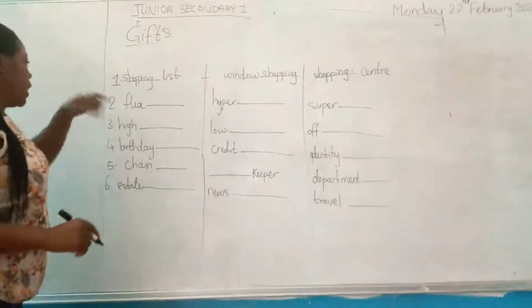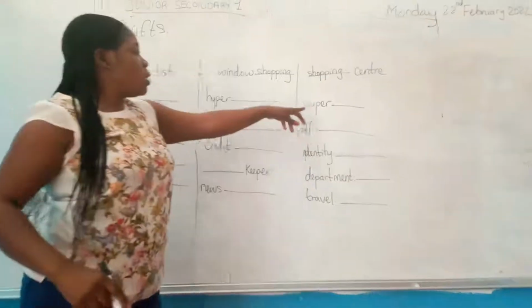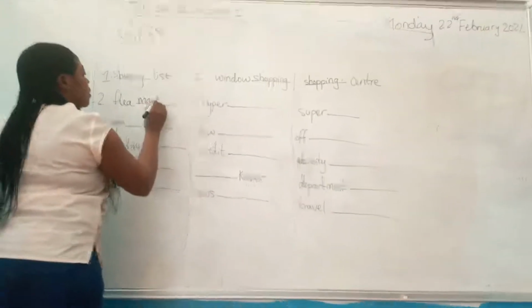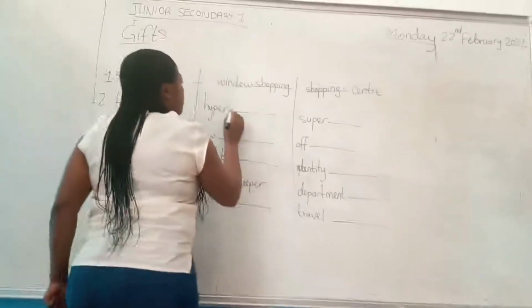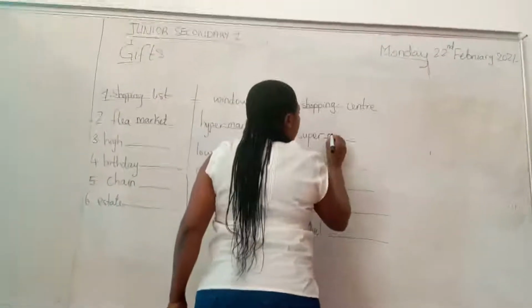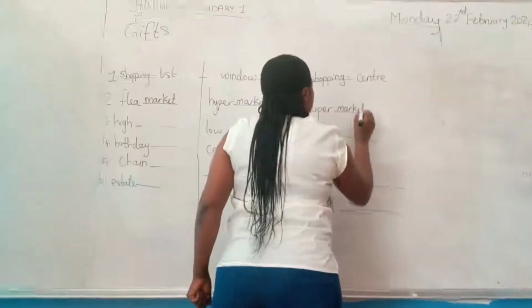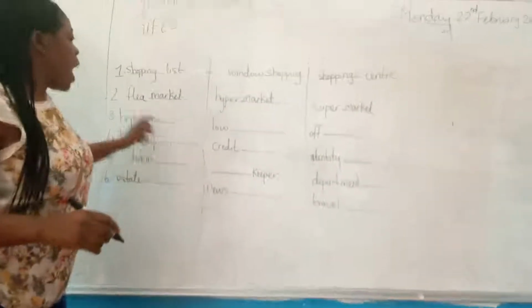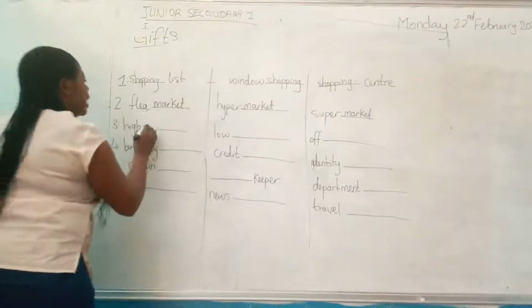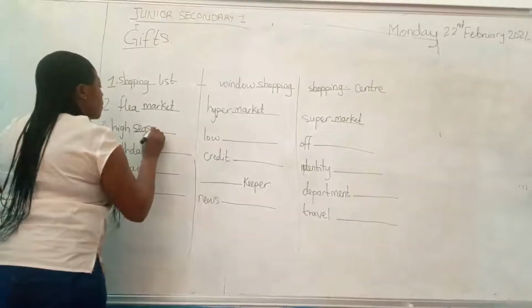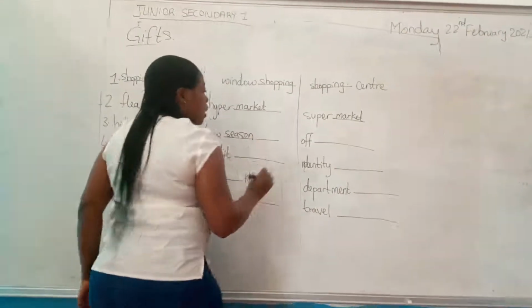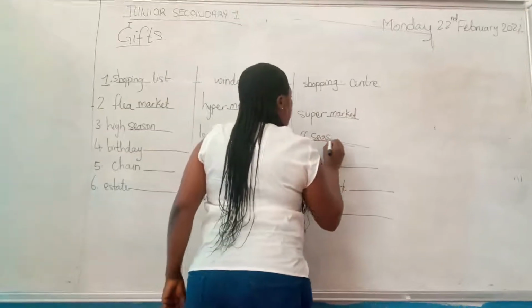Number 2, flea, hyper, and super: flea market, hypermarket, supermarket. We have high, low, and off. The best noun there is season: high season, low season, and off season.